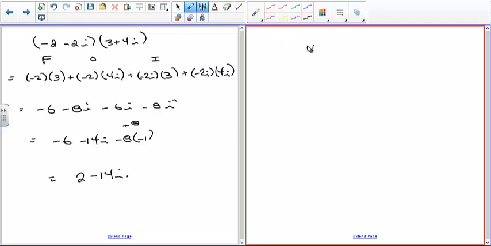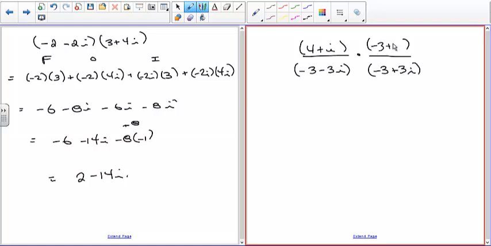So given the complex number, I want to put this in standard form. So standard form is you multiply both the numerator and the denominator by the complex conjugate of the denominator. So the complex conjugate is you change the sign of the imaginary part.